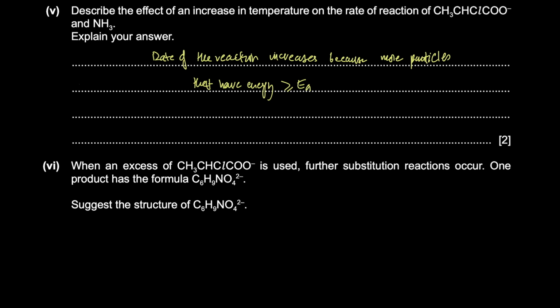It's because you've essentially increased the kinetic energy of the particles, the average kinetic energy. Because you have more particles that have energy greater than the activation energy, we can say the frequency of successful or effective collisions increases.